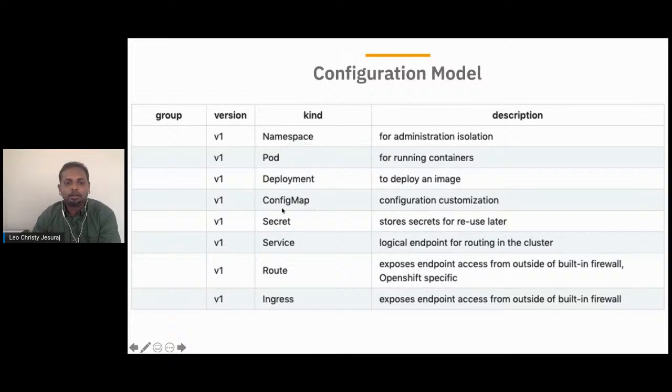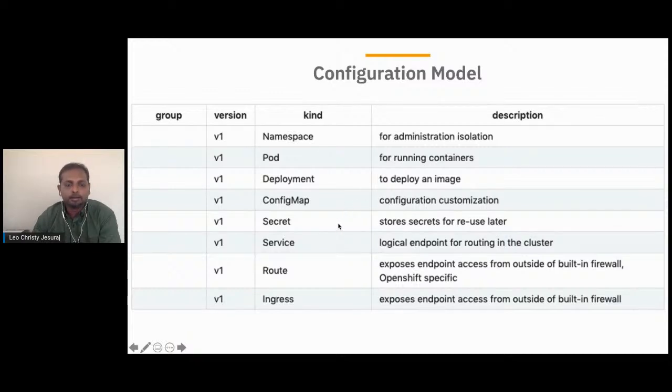Then we talked about the config map for storing configurable information, and these can be read and injected into the container, or they can be mounted as a volume into the container. So as your application is running within the container, it can read this information.